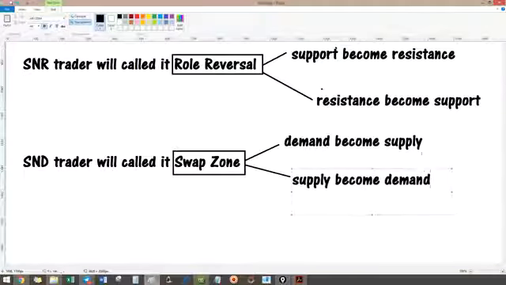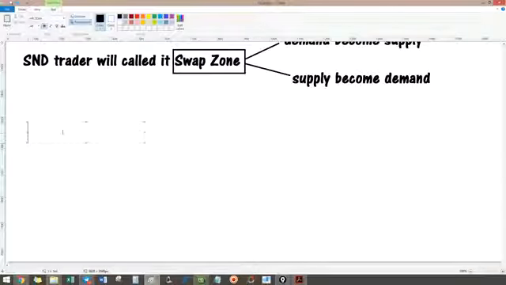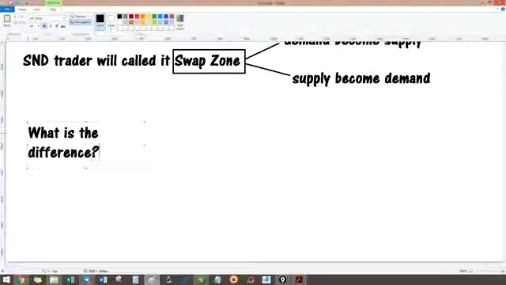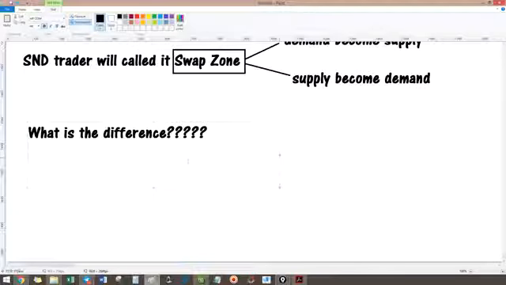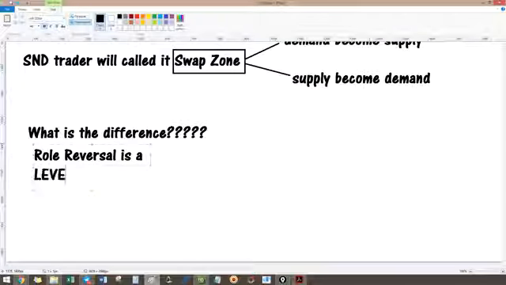You understand this? So what is the difference? Role reversal is a level.